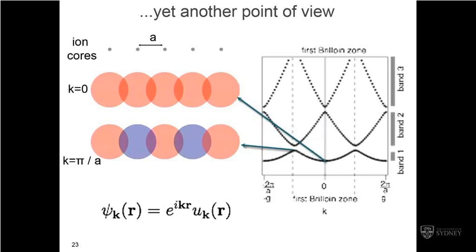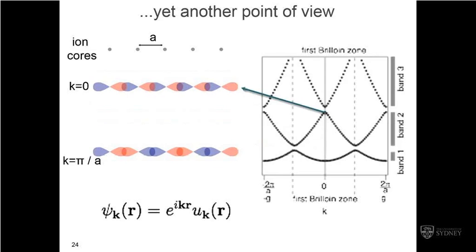When you go out to here, you can think of the band as having the character of anti-bonding s orbitals. And when you square that to get the electron probability, of course, you will predict electron density at the positions of the ion cores as well.